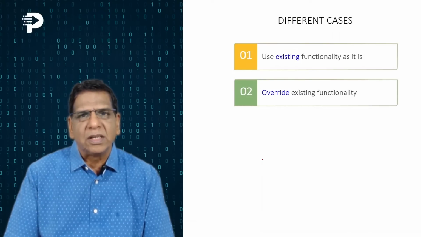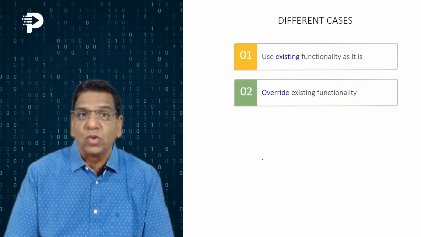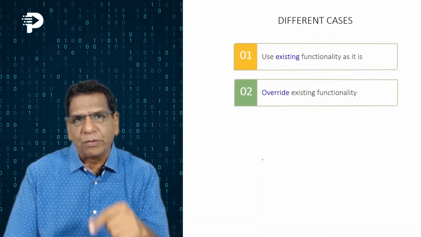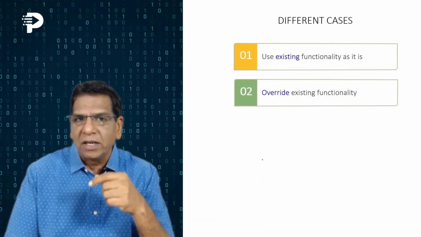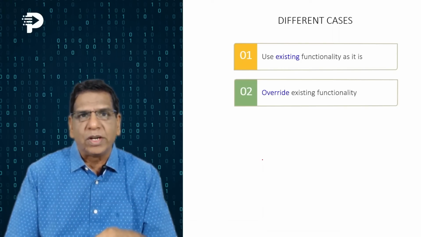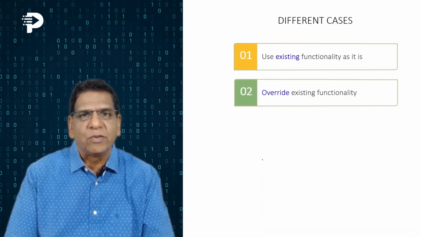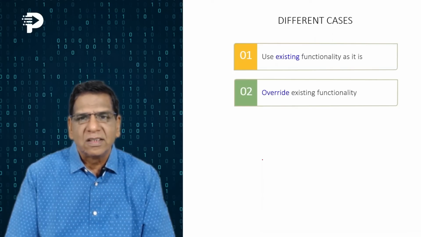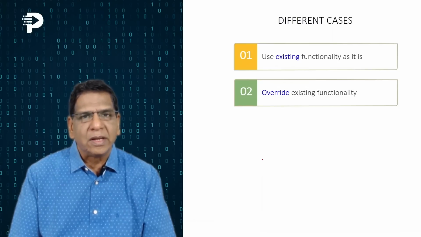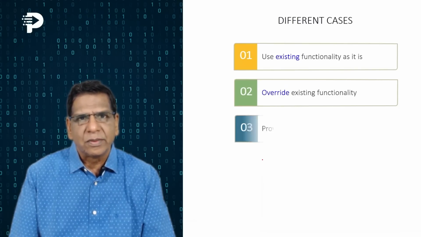Second purpose that the inheritance serves is, it lets you override the existing functionality. If you look at f2, it was there in the base class, we didn't want that functionality, so we could override, we could shadow it out by defining a new f2 in the derived class. So existing functionality can also be overridden by using inheritance.